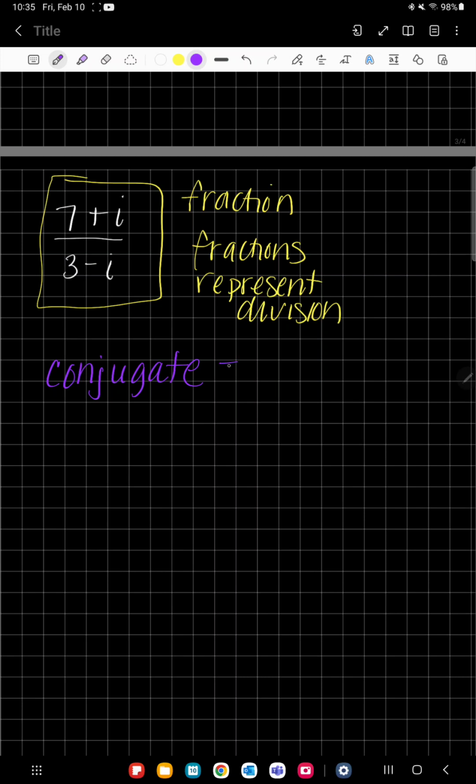Basically, that's what it means. So if we have 4 plus 7, the conjugate would be 4 minus 7. Okay? If you have 3x plus 8, the conjugate would be 3x minus 8.